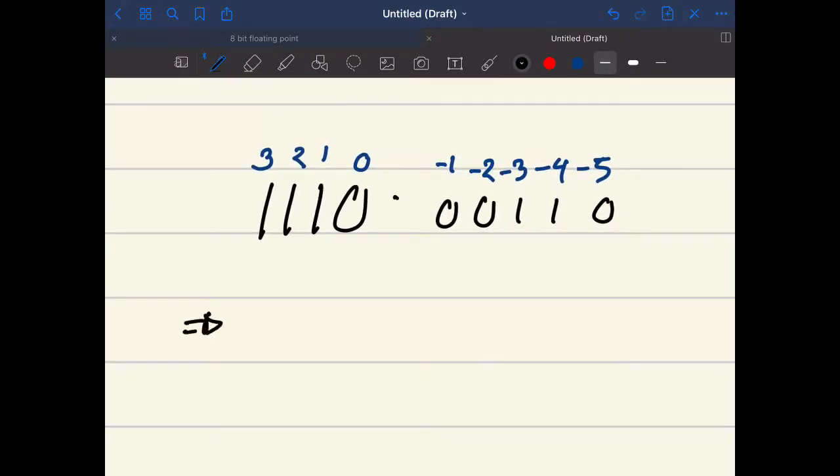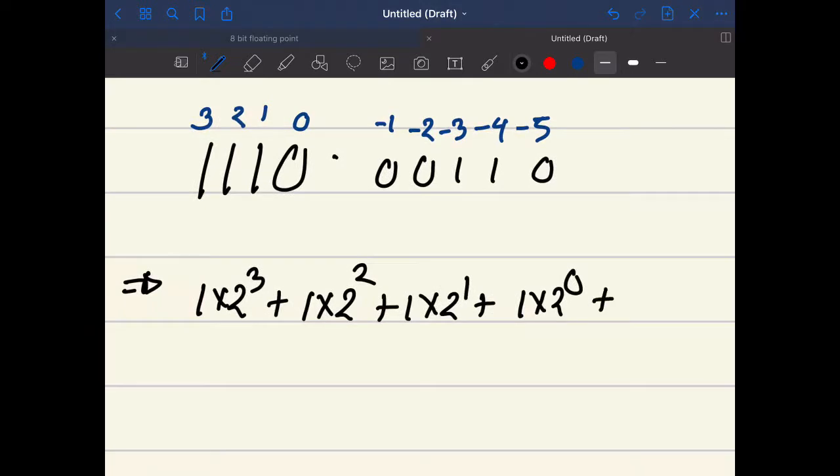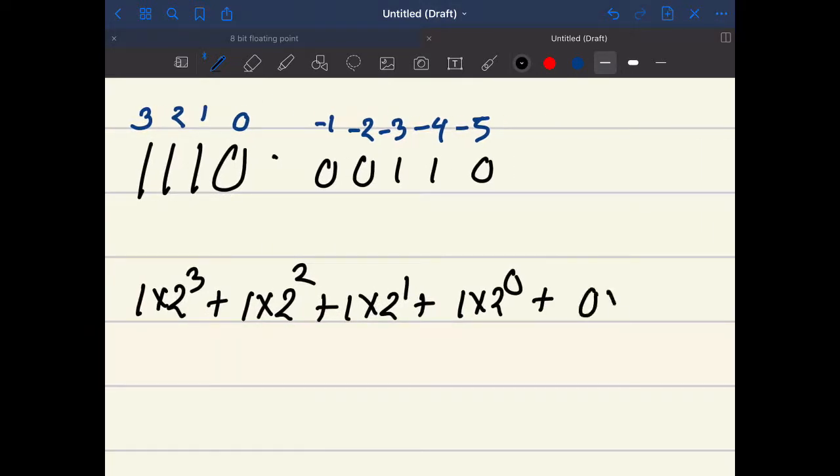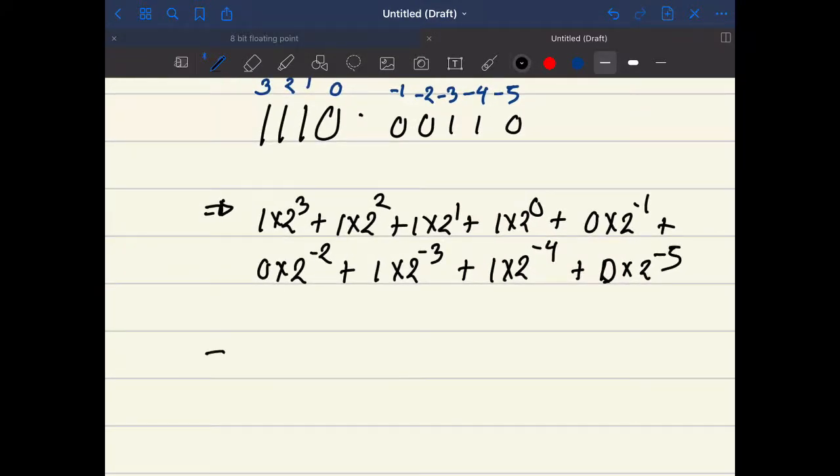So this would be 1 into 2 to the power 3 plus 1 into 2 to the power 2 plus 1 into 2 to the power 1 plus 1 into 2 to the power 0, then plus 0 into 2 to the power -1 plus 0 into 2 to the power -2 plus 1 into 2 to the power -3 plus 1 into 2 to the power -4 plus 0 into 2 to the power -5.